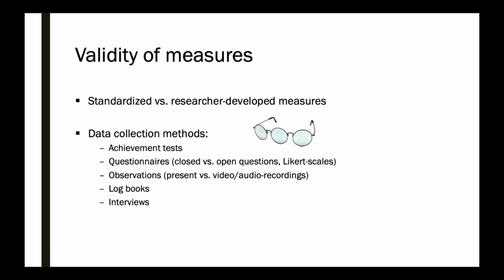Often standardized tests are preferred over researcher-developed tests, as they seem to be more reliable. Sometimes the researchers, however, need to make new tests if there are not good or suitable ones available. In addition to achievement tests, such as math tests, the researchers often collect some other data as well.